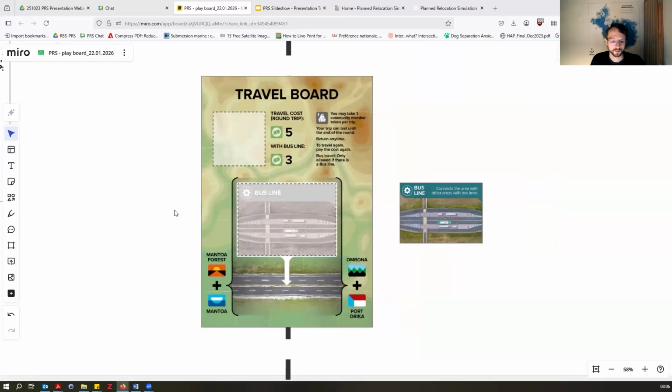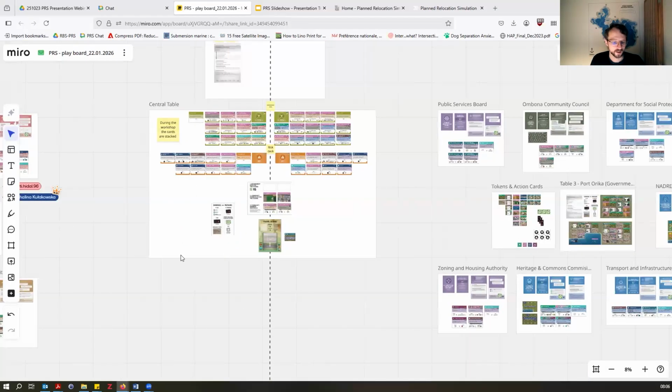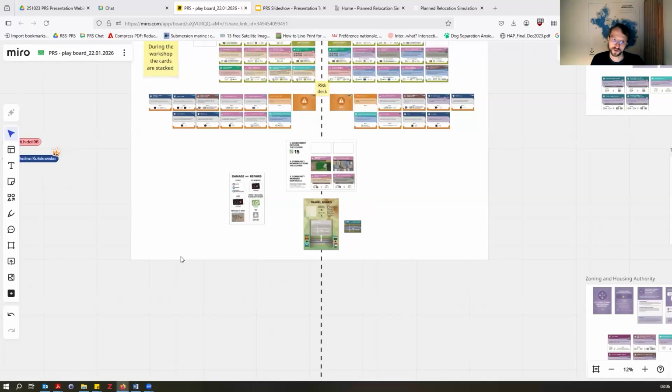In some simulations, someone on either table will decide very quickly that they have to go and have a conversation on the other side. But in others, they stay separate quite a long time. And again, this is one of those things that you, as a facilitator, have to just stand back and let happen, unless you get to the third or fourth round and still no one has talked to each other. That might be a moment to nudge in that direction.